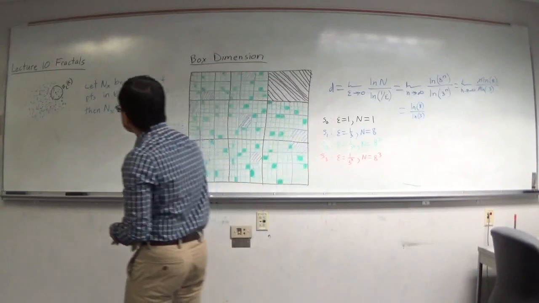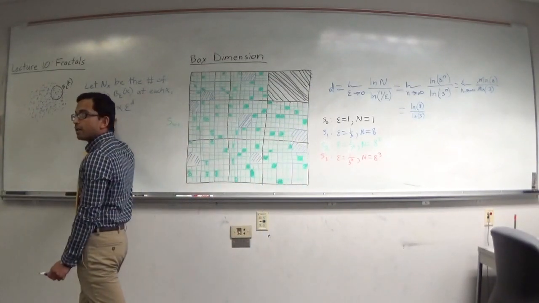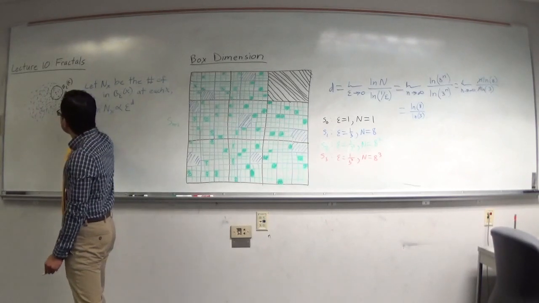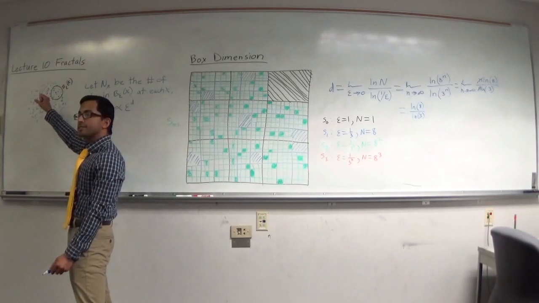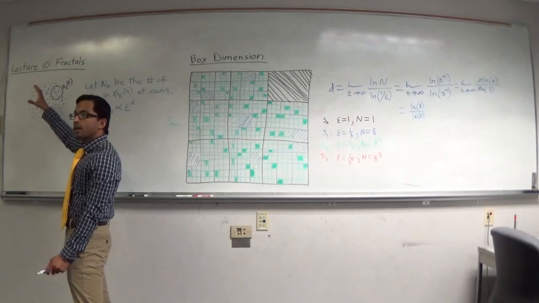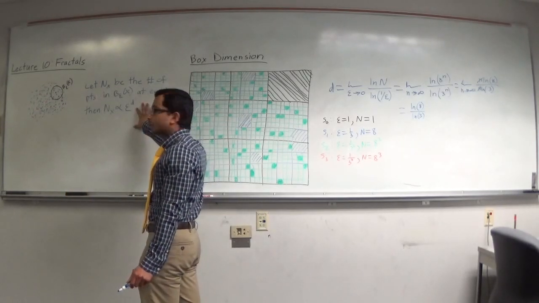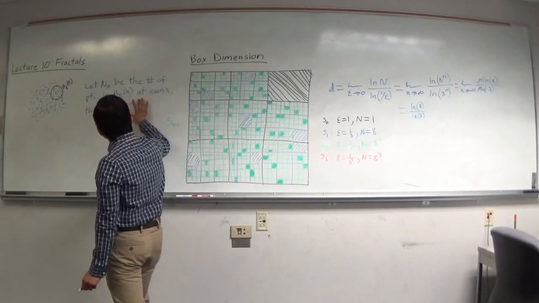As we can see here, the number of points in this ball is going to change as we change the size of epsilon, and typically it's going to change as a power law.